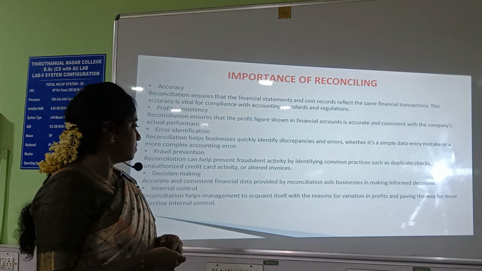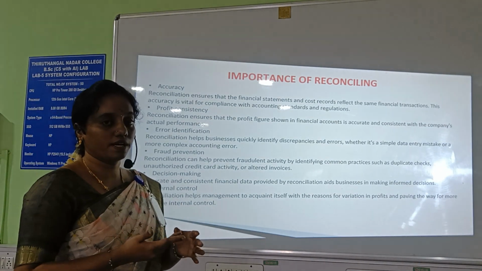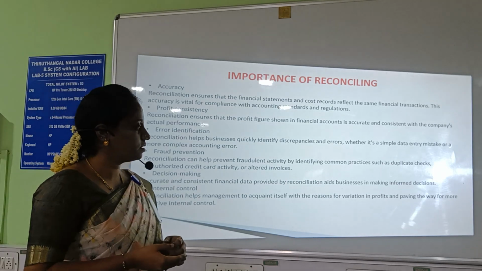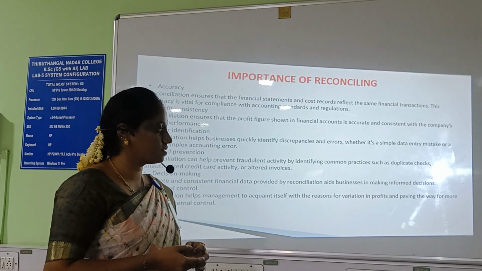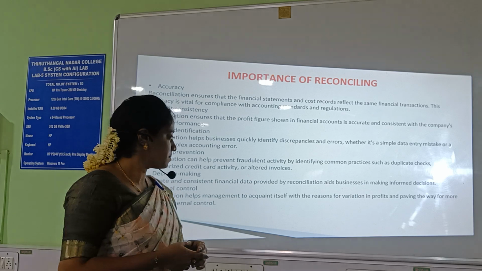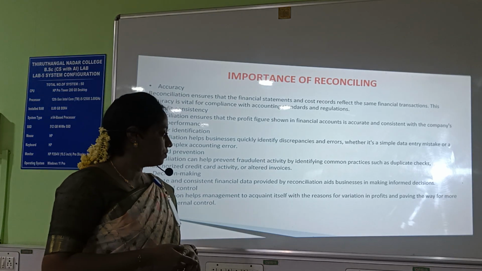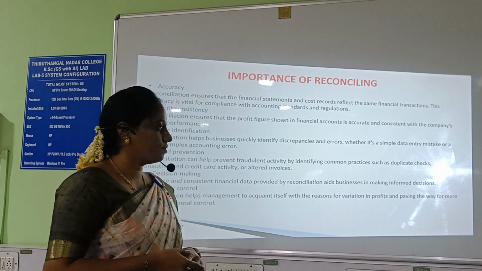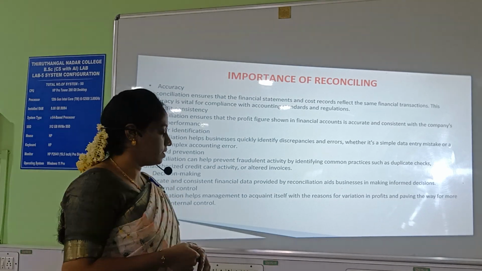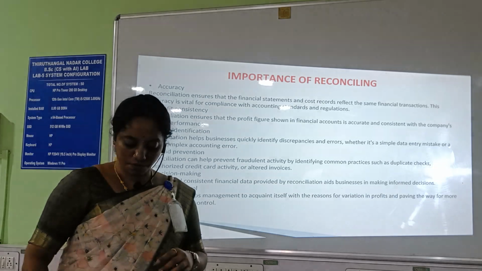It helps the management by providing the financial data. Reconciliation aids businesses in making informed decisions. Internal control. Reconciliation helps management to acquaint itself with the reasons for variation in profits, paving the way for more effective internal control.